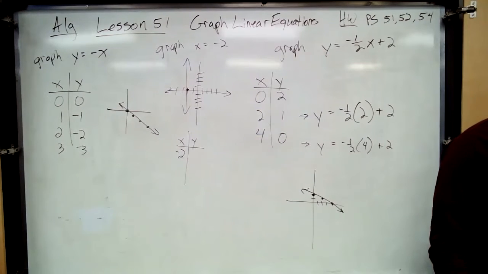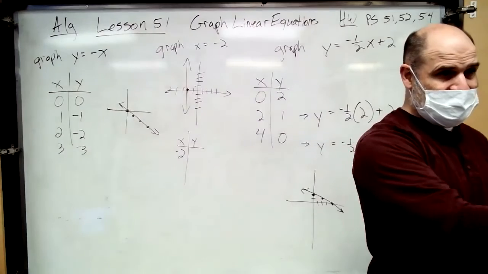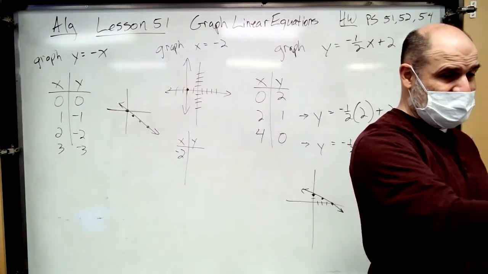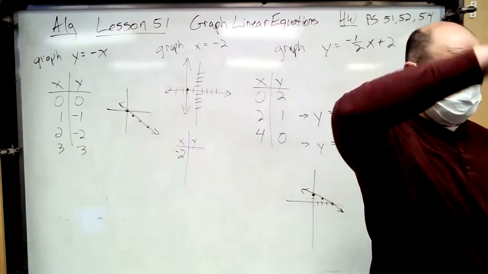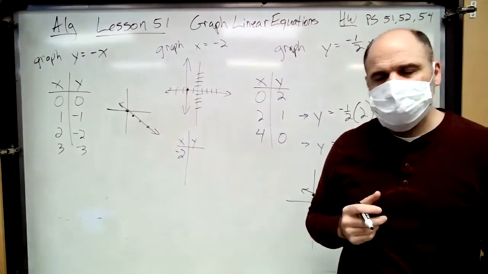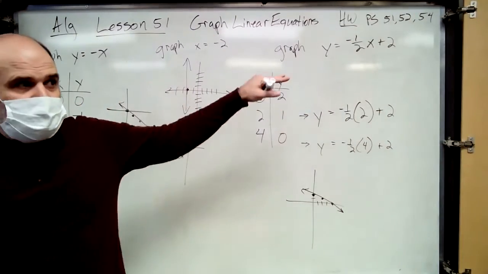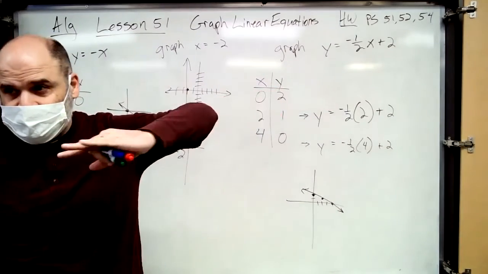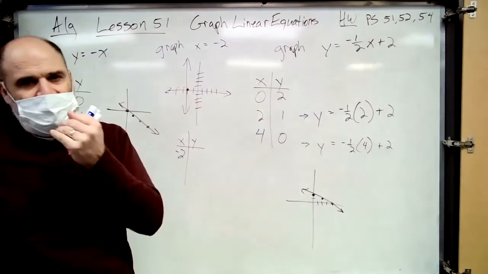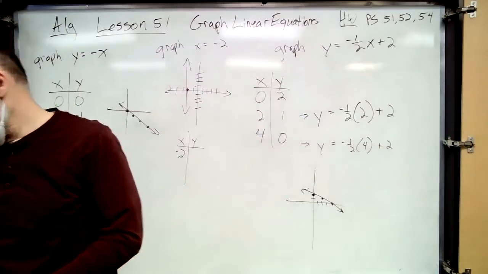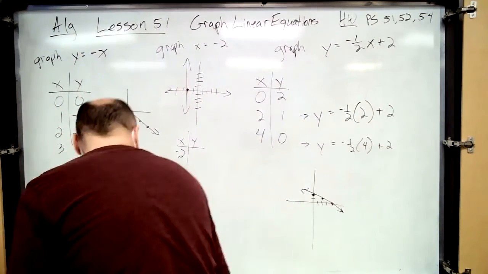Which is kind of opposite of what you think, because when I think of x, I think of the x-axis, which is that horizontal line. When I think of y, I think of the y-axis, which is a vertical line. But that's not true. When y equals something, it is a horizontal line, flat. When x equals something, it's a vertical line, okay? Those are some special situations. Don't stress too much about those.